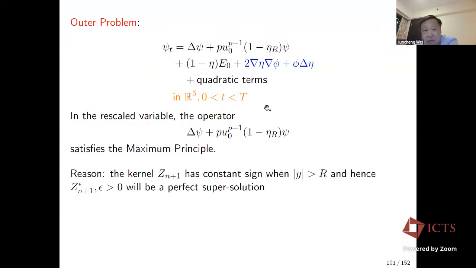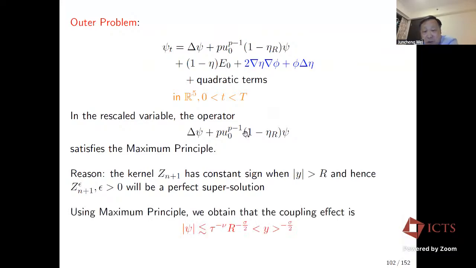So I can use the maximum principle to show that the solution decays. I lose a little bit of decay, minus sigma over 2, but I gain some r, r to the minus sigma over 2. And I will have the same time decay.